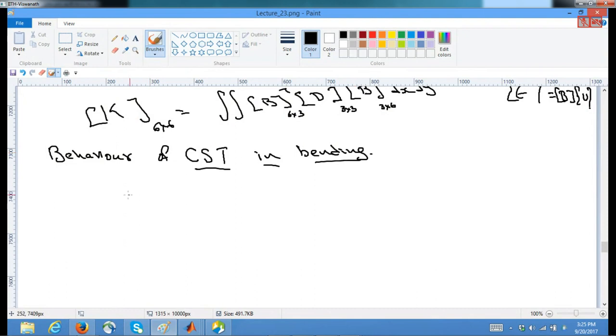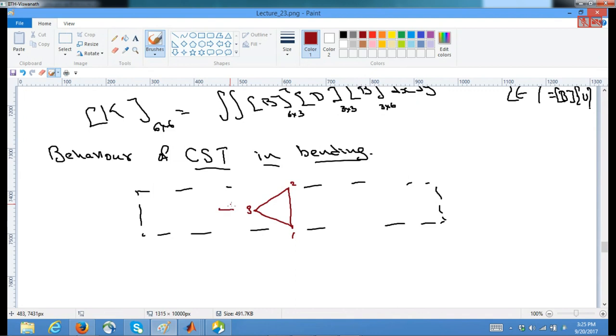So consider a beam, and let's have one triangle, such that this distance is c, and this distance is also c, and let us take the origin here for this element, and let's say this distance is L, and this distance is also L. Okay, so let me rewrite it outside.